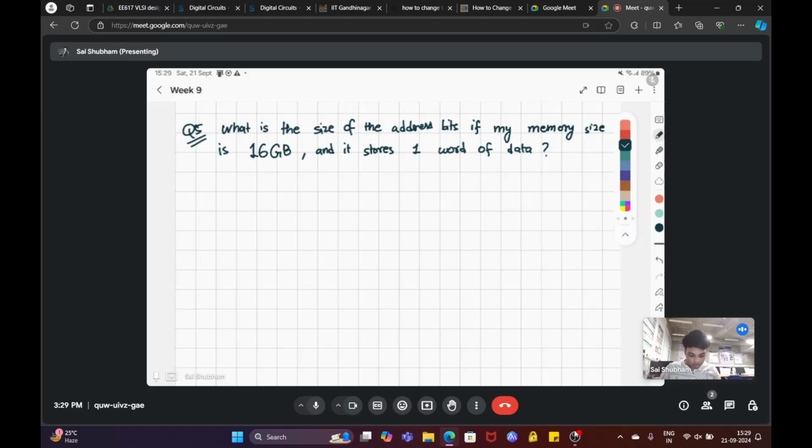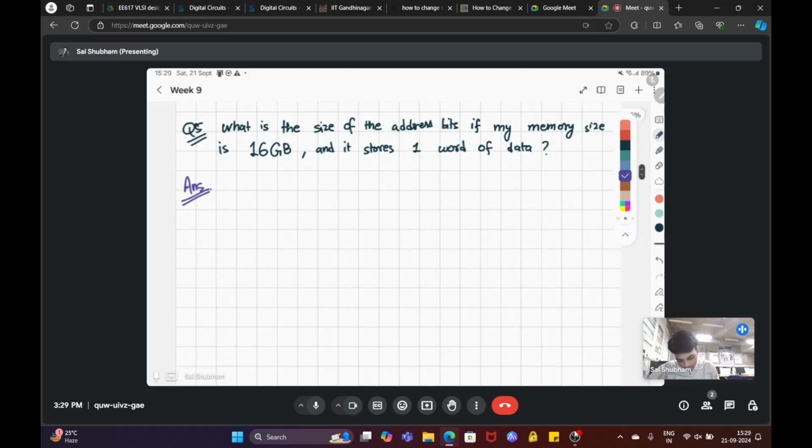So let's look at the solution. So has anyone got the answer? So right now I will say that there is 16 GB of data, okay, and one word of data is stored in each location.